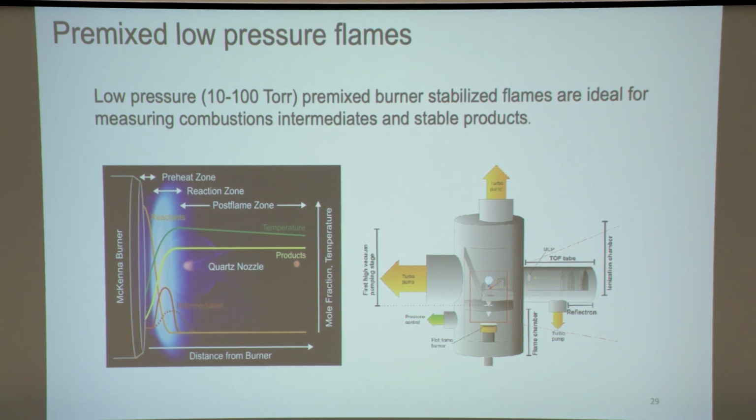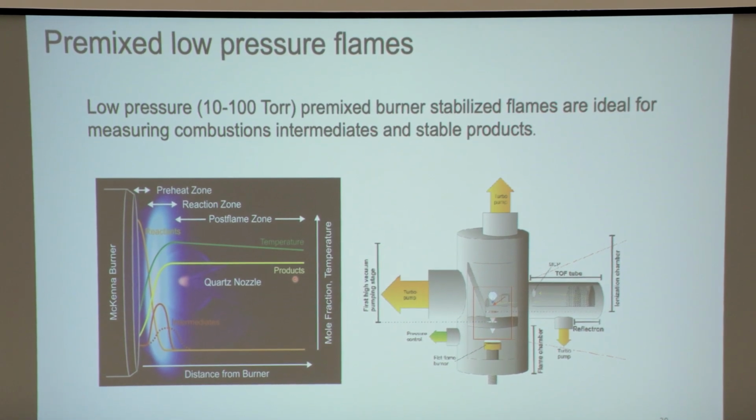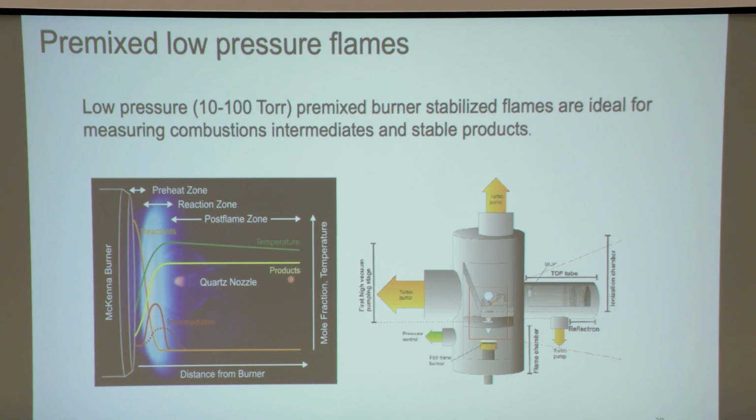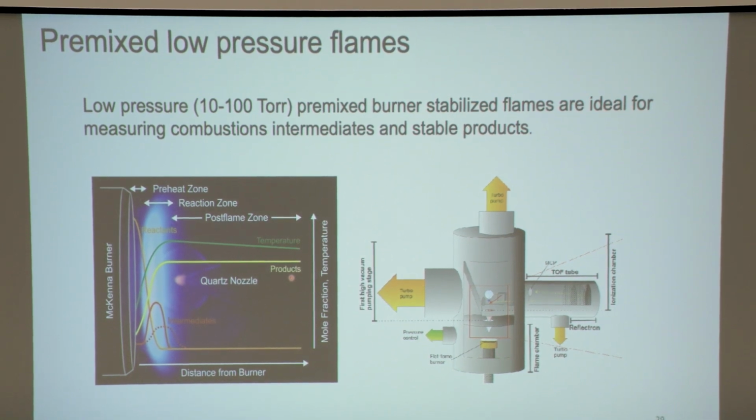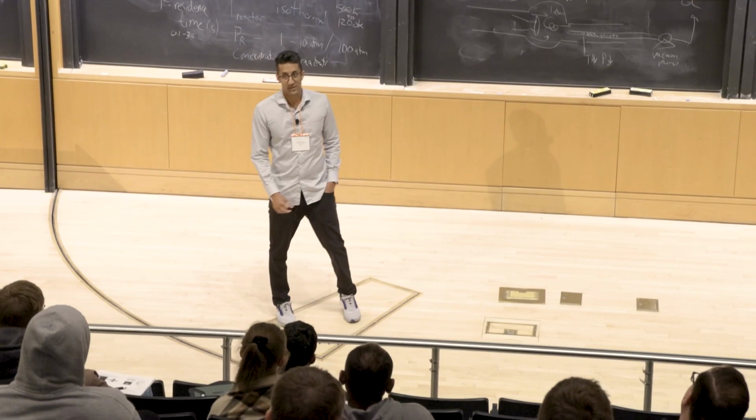So this is a premixed burner stabilized flame. Somebody before said they were doing burner stabilized. Well, what are you doing it for? And at what pressure? Atmosphere. Are you measuring species? Yes. So he says he's doing atmospheric ammonia flames, measuring species in burner stabilized flames.